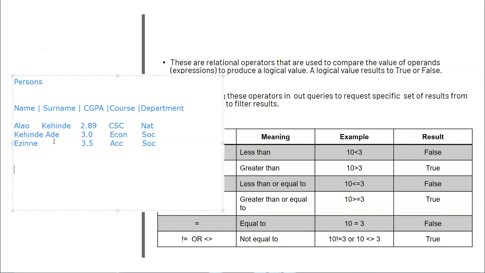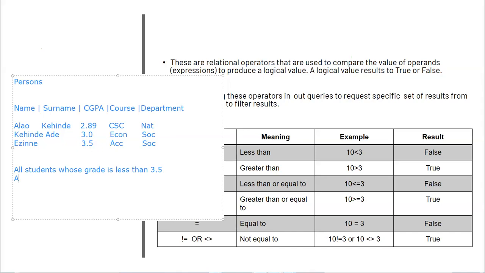We want all students whose grade is less than 3.5. All students whose grade is less than 3.5.